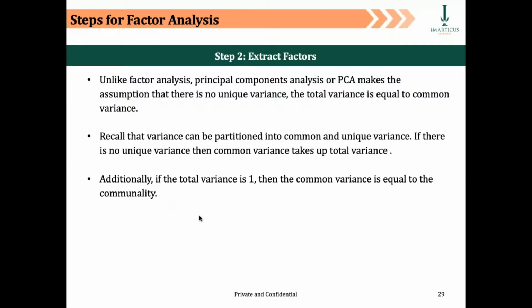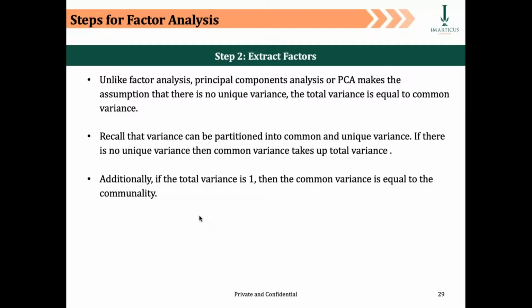Unlike factor analysis, PCA makes the assumption that there is no unique variance; the total variance is equal to the common variance. That is one difference between the factor analysis method and PCA. So in some data sets, if this assumption is not satisfied, then PCA may not be a suitable algorithm for feature extraction.